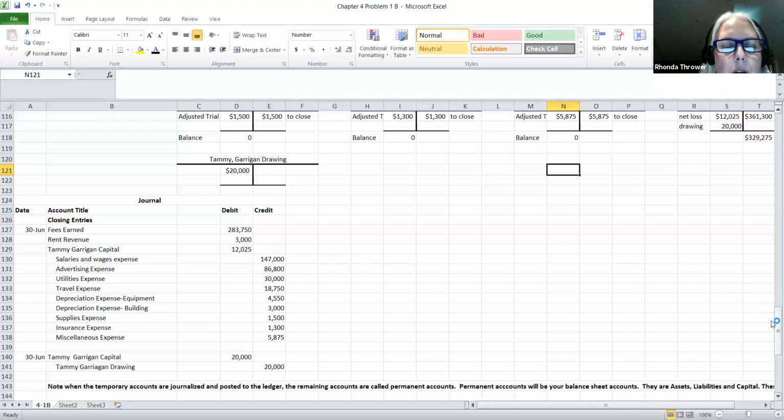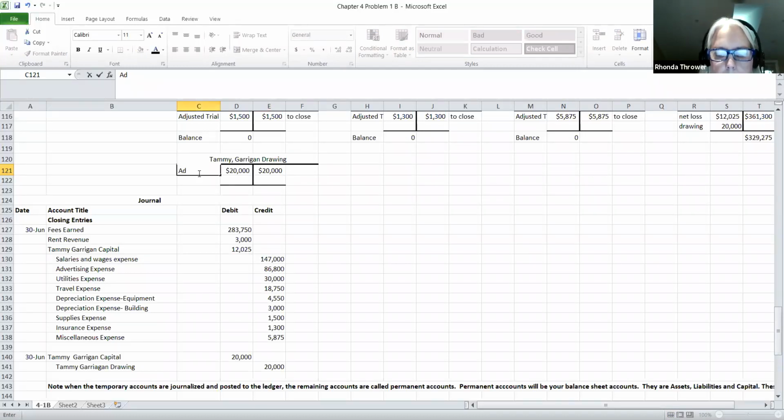Our second closing entry is to close out the drawing account. The drawing account is the owner's withdrawal. And the drawing account had in it $20,000 from our adjusted trial balance. So to close this account out, we have to credit it.